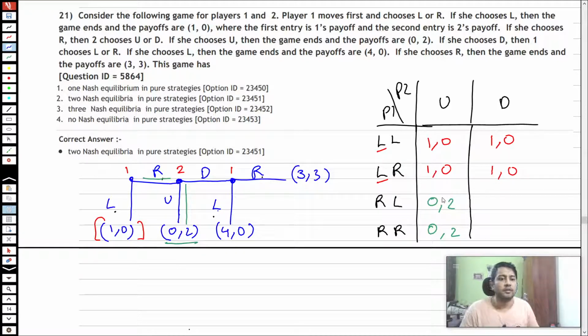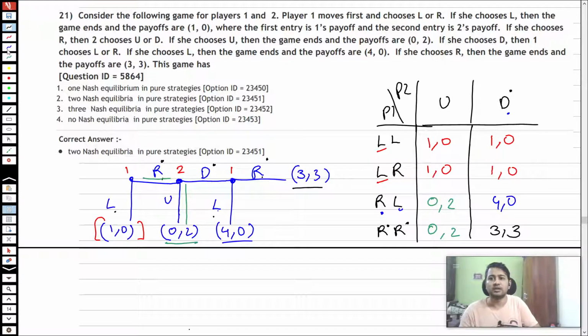Then 4, 0 is going to be right, down, left. And finally 3, 3 is going to be right, down, right, so that is my 3, 3.